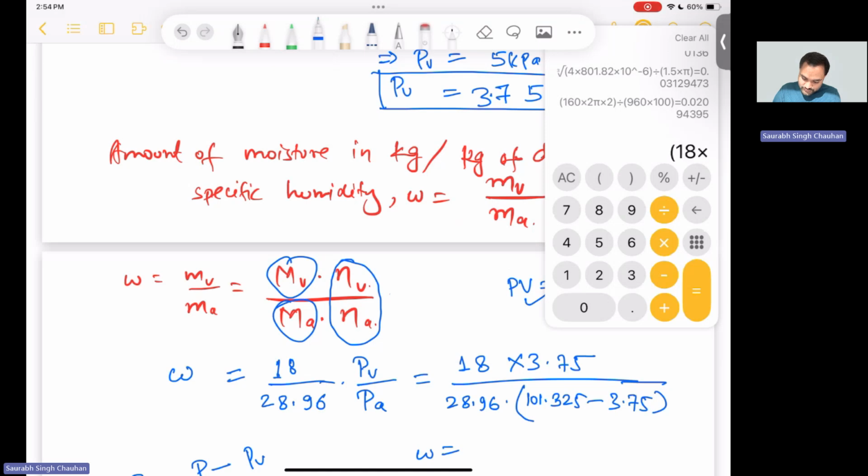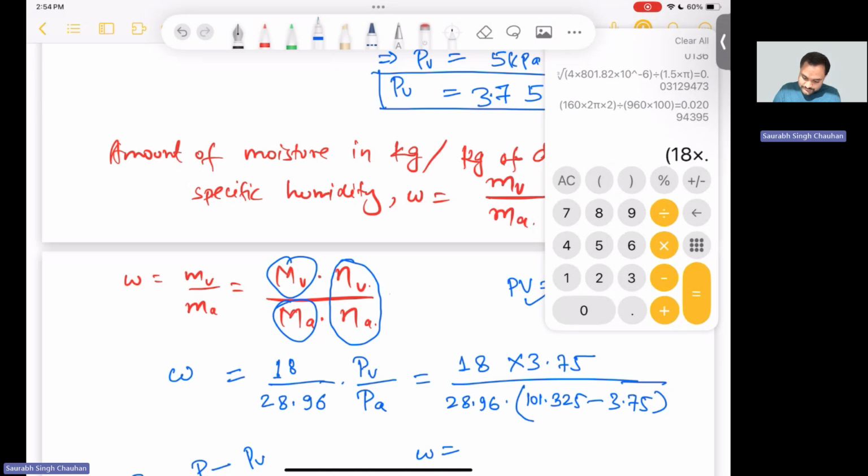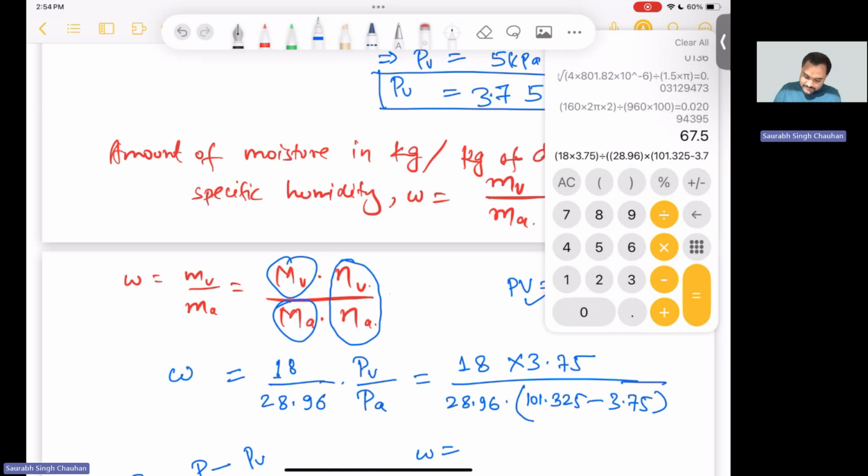18 into 3.75 divided by 28.96 multiplied by 101.325 minus 3.75.